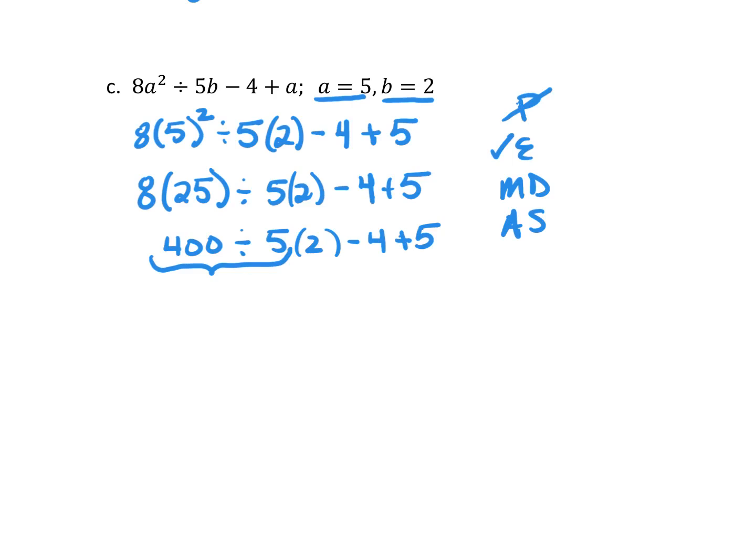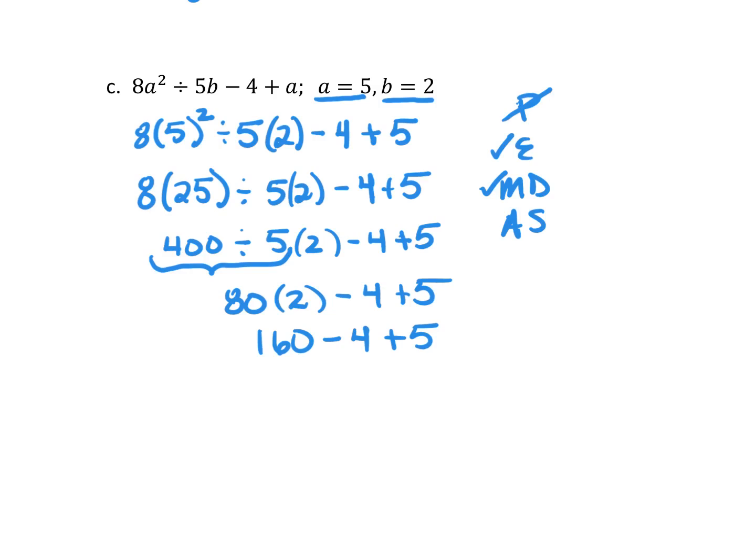If we do 400 divided by 5, we get 80. We want to multiply that times 2. We get 160. And then we want to do our addings and subtractings.